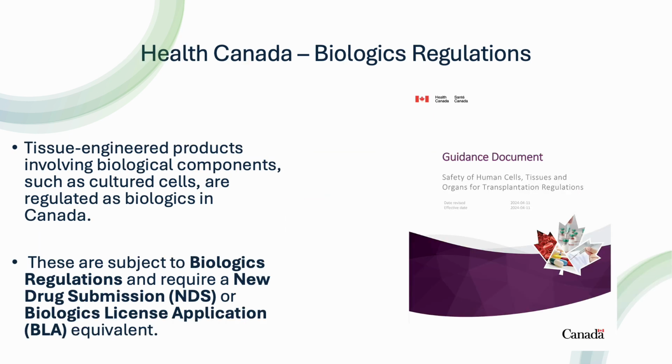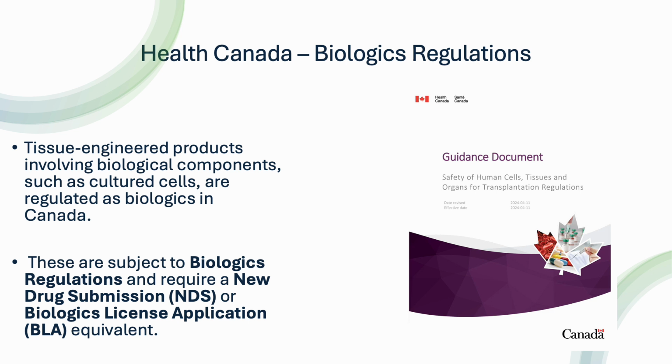Now, for tissue engineered products containing biological components like cultured cells, Health Canada uses the biologics regulation, which is similar to the FDA IND/BLA system. Products must undergo clinical trials and demonstrate safety and efficacy.